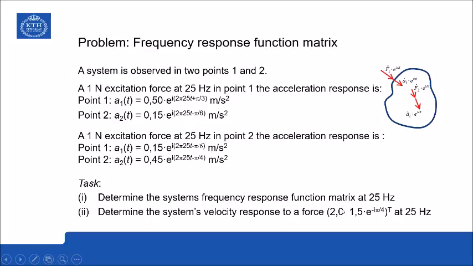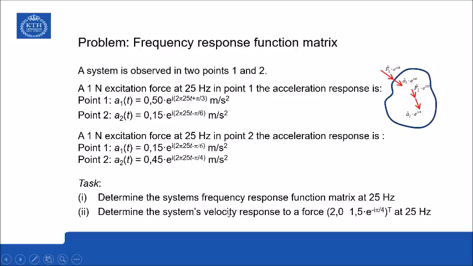That is, we use this force as reference, time reference. And in the second point, F2, the magnitude is 1.5 Newton and the phase angle is minus pi/4. And of course the frequency of the exciting force is 25 Hz, otherwise we cannot use this information.